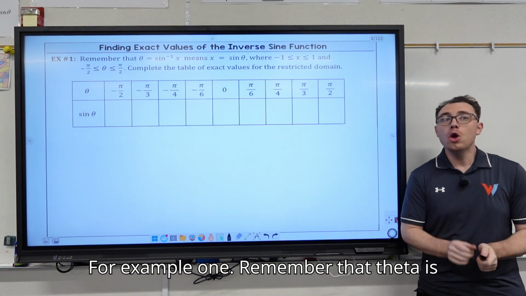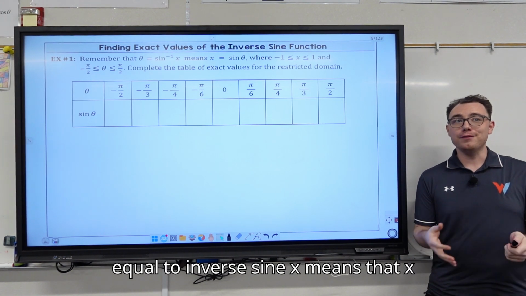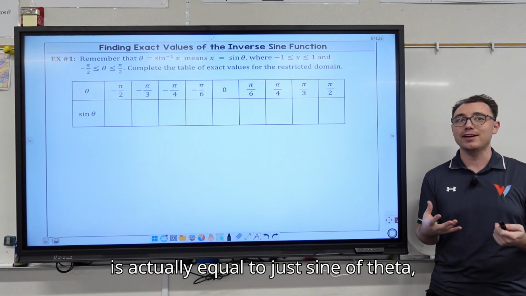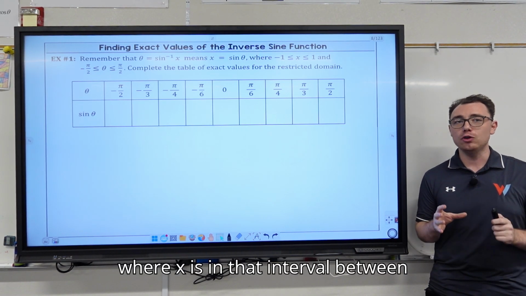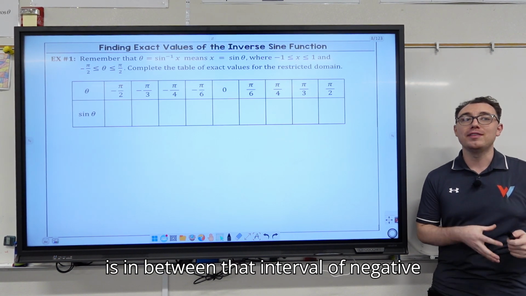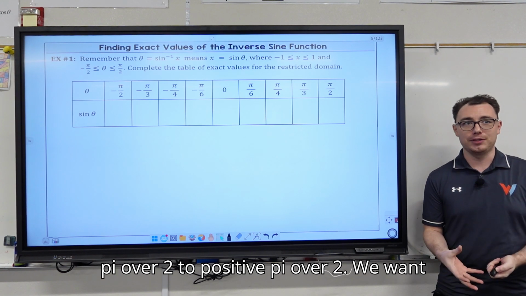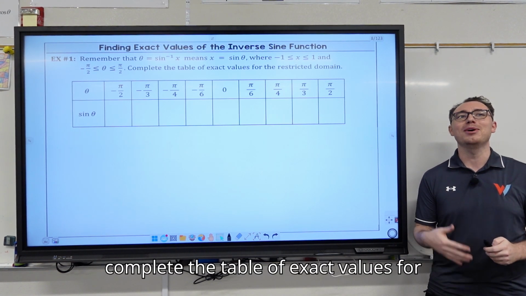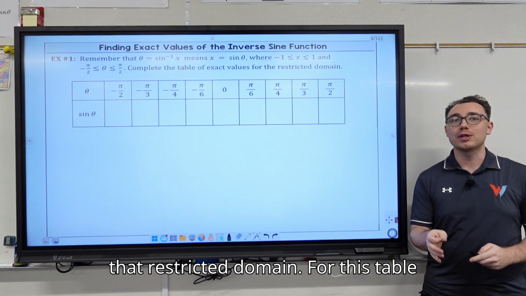For example 1, remember that theta is equal to inverse sine x means that x is equal to sine of theta, where x is in the interval between negative 1 and 1, and theta is in the interval of negative pi over 2 to positive pi over 2. We want to complete the table of exact values for that restricted domain.